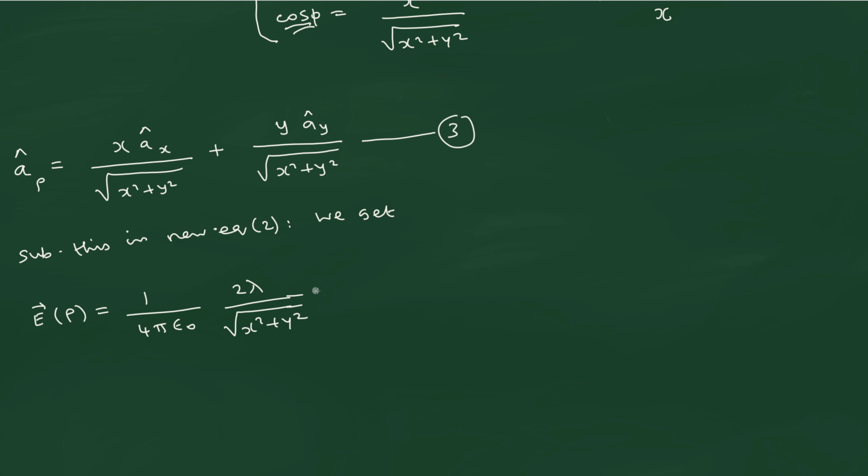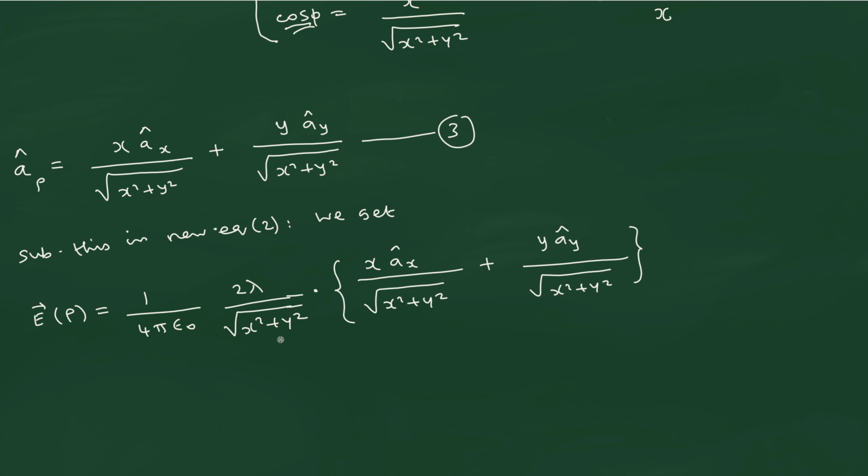Okay, into a rho. A rho, this entire thing you copy. The a rho is this one. It is x times ax by square root of x square plus y square plus y times ay by square root of x square plus y square.